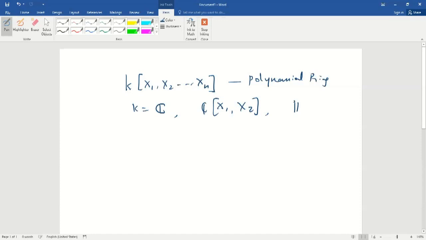I also gave an example in R[x1, x2]. So these are the polynomial rings I'm talking about. But what I was just now talking about is the ideals in such rings. These are all polynomial rings.